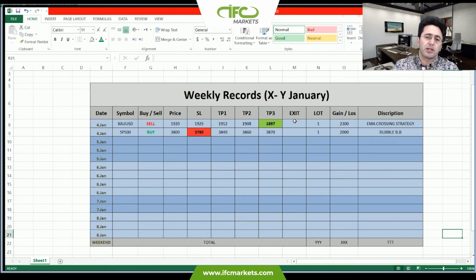Exit price means that you exit the trade before reaching any of your take profits or before touching your stop loss. Then the lot size that you traded, and finally, did you gain or did you lose, and how many pips. You can write it down based on pips, or based on US dollars, whatever is better for you.